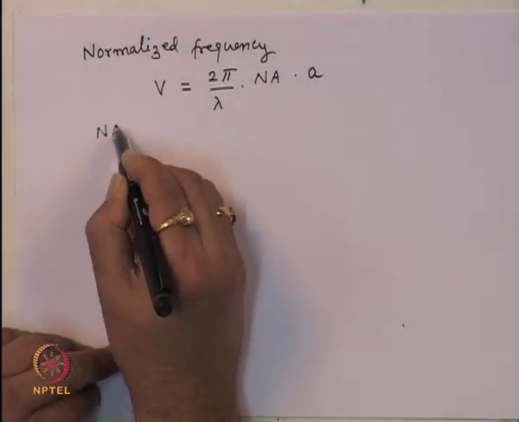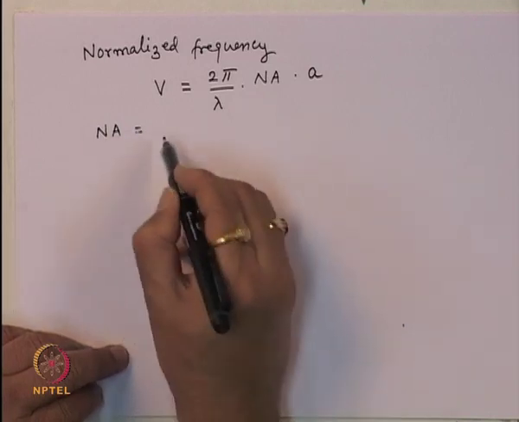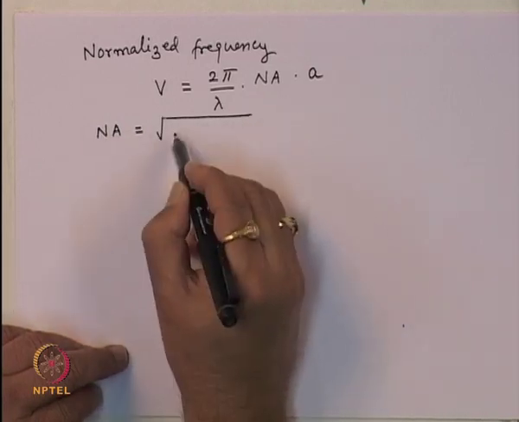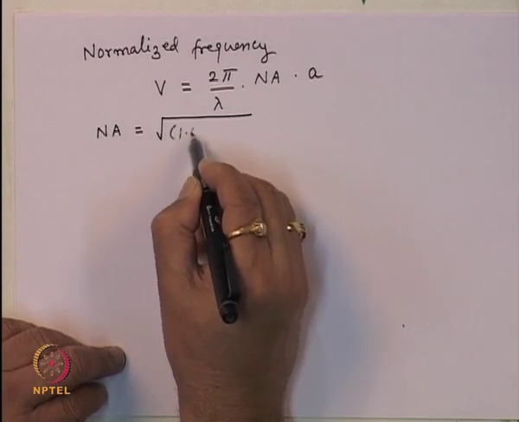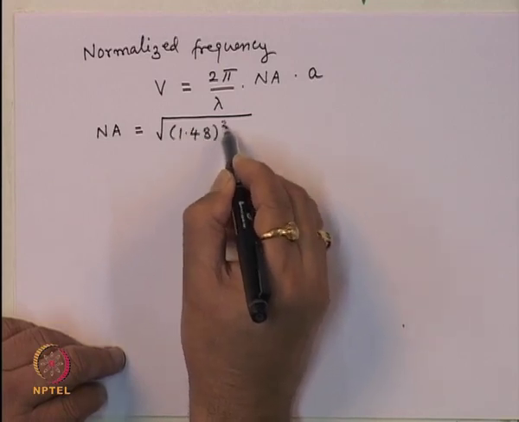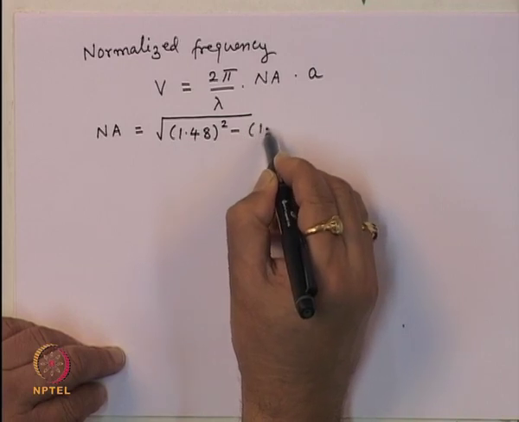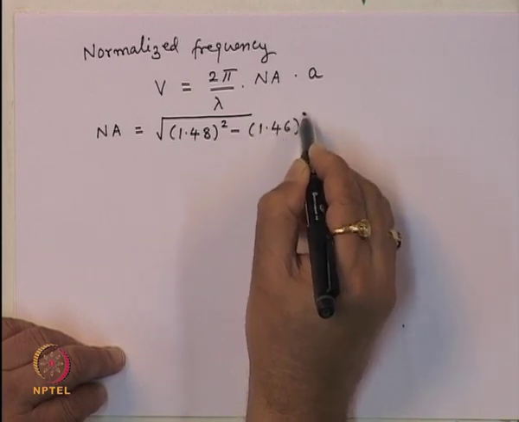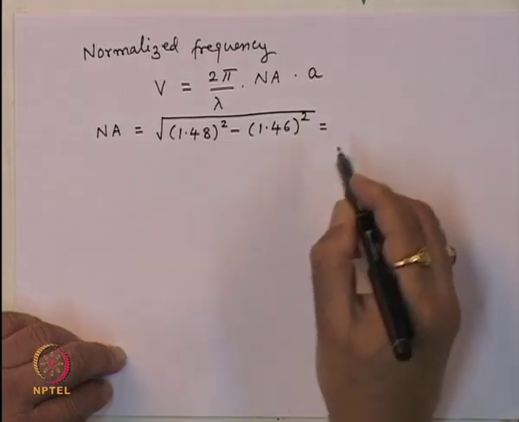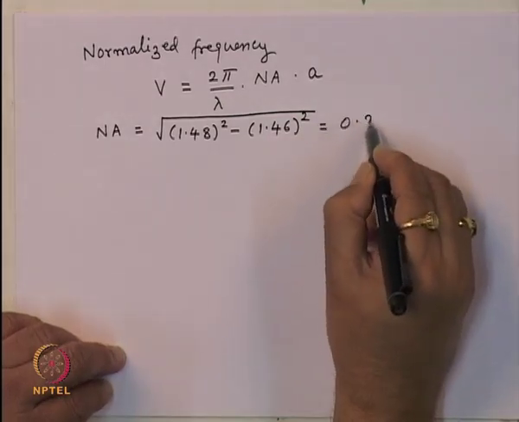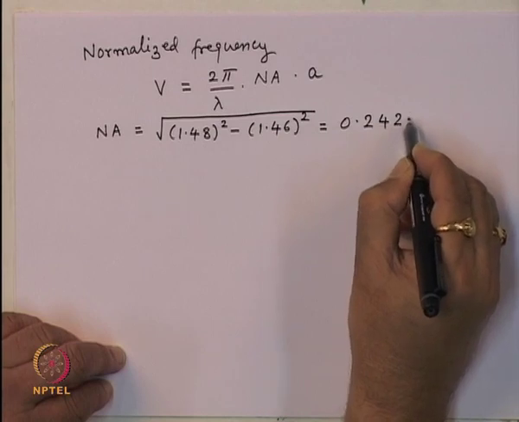The numerical aperture, as we have seen in the previous problem, is square root of n1 square minus n2 square. So, this is 1.48 square minus 1.46 square, and that is equal to 0.2424.